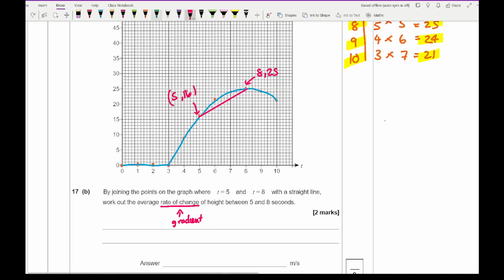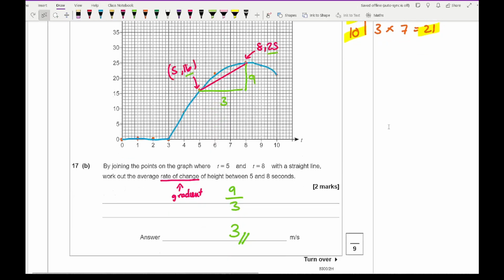So if I turn that into a triangle, I know that I'm looking at a positive gradient, so the difference in the y is 9 and the difference in the x is 3. So then the gradient is going to be 9 divided by 3, which gives me a final answer of 3.